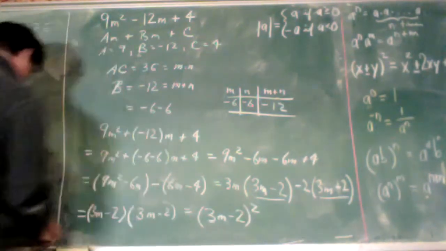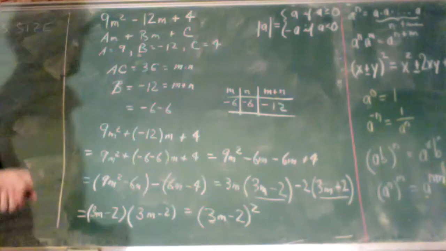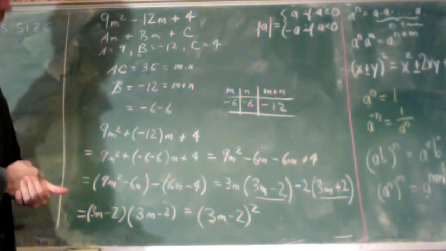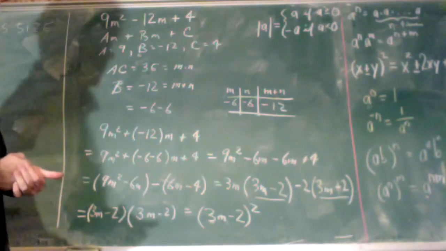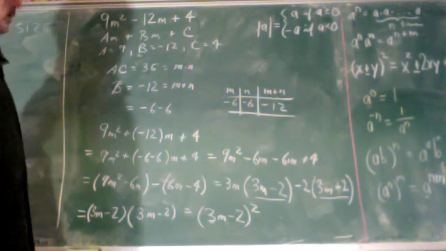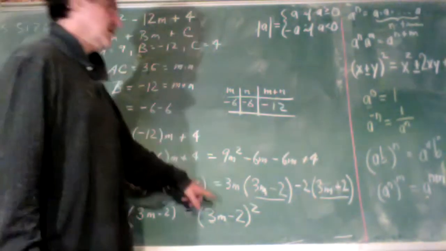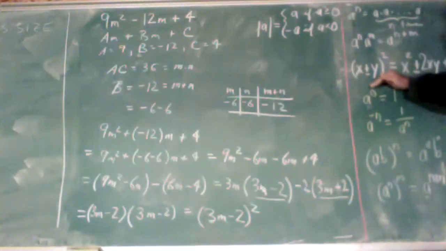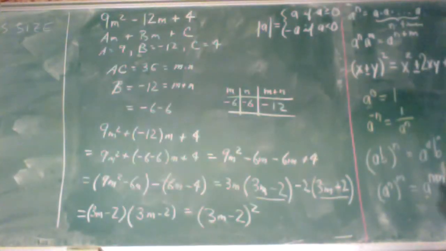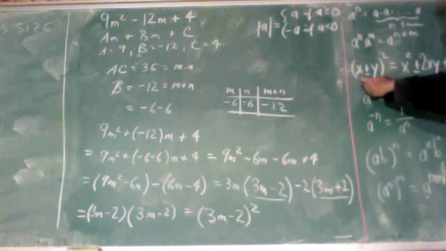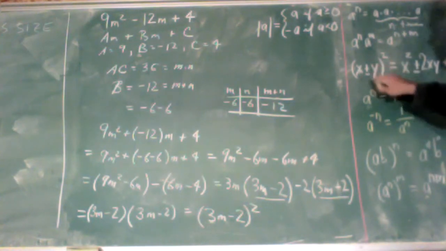So, what does that tell me? What does that tell me? This should remind us of something, right? We already saw properties of these binomials squared, sum or a difference.